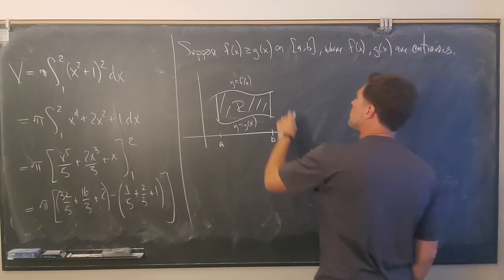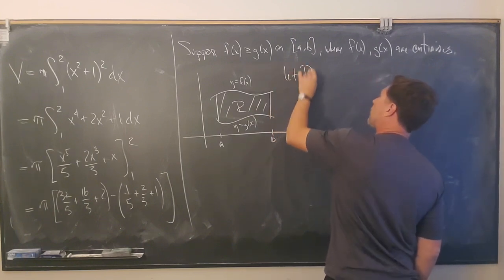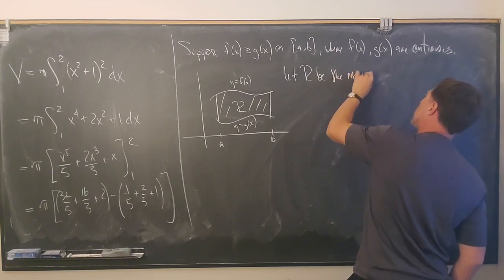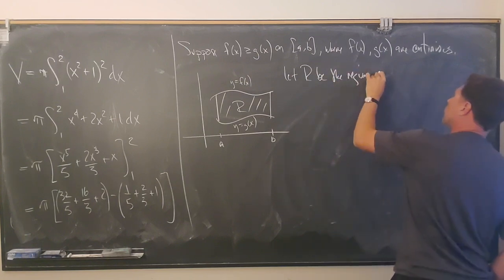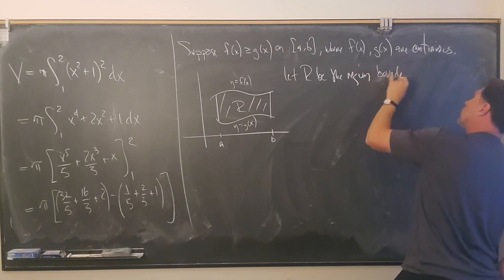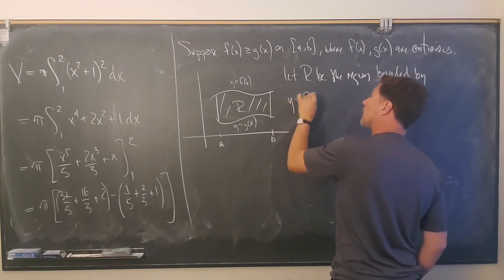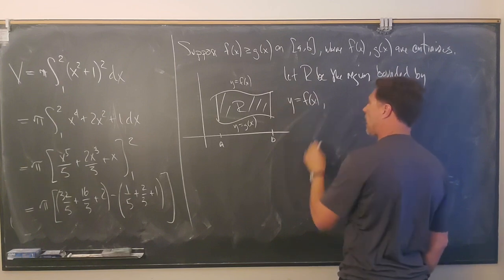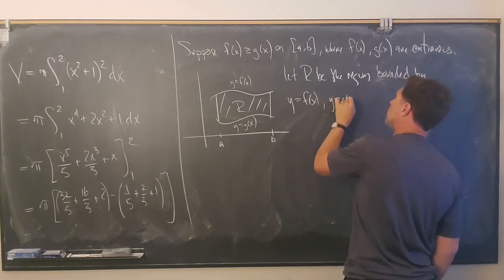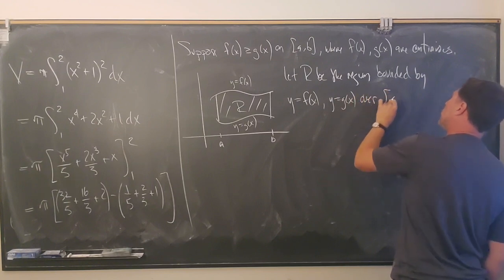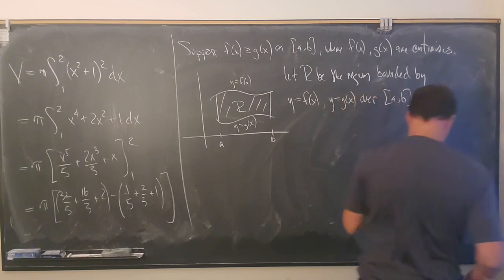So let's let capital R be the region bounded by the graph y equals f of x, y equals g of x, over the interval from a to b.